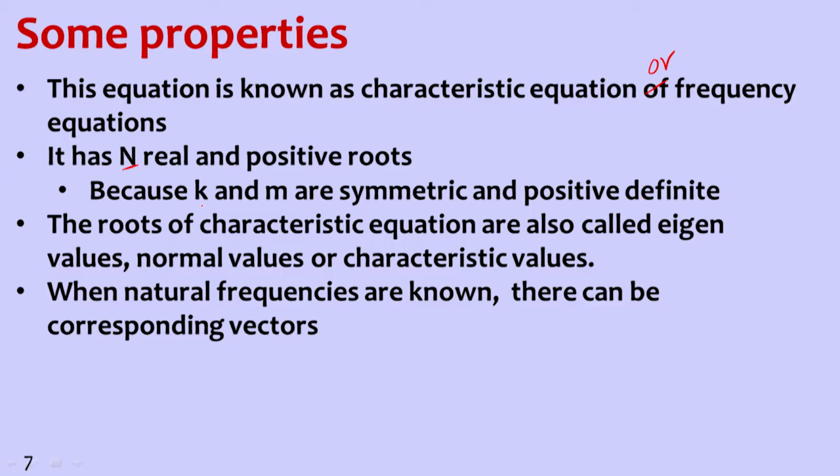The roots of the characteristic equation are also called eigenvalues, normal values or characteristic values. When natural frequencies are known, there are corresponding vectors. For lambda 1, the natural frequency or eigenvalue, there is one vector, phi 1. For lambda 2 we get phi 2, and for lambda 3 we get phi 3.